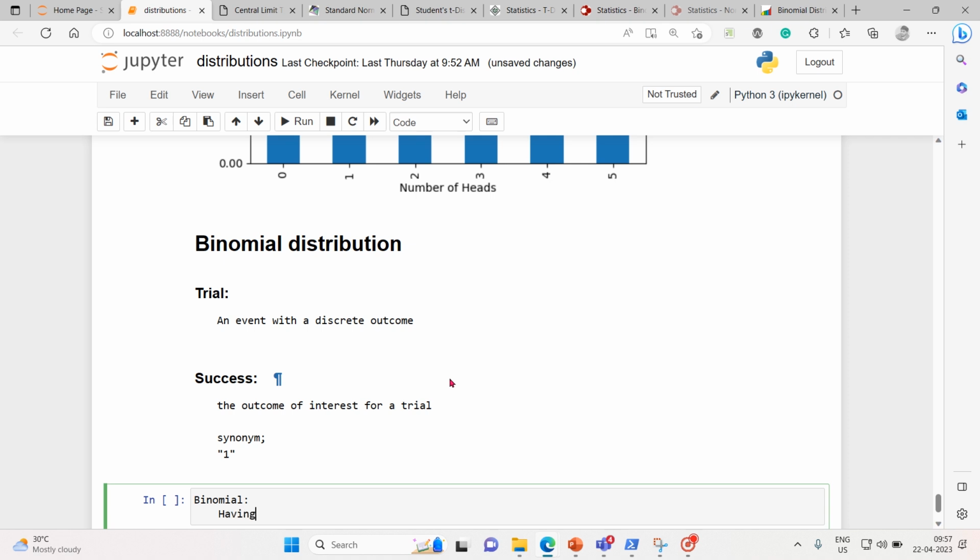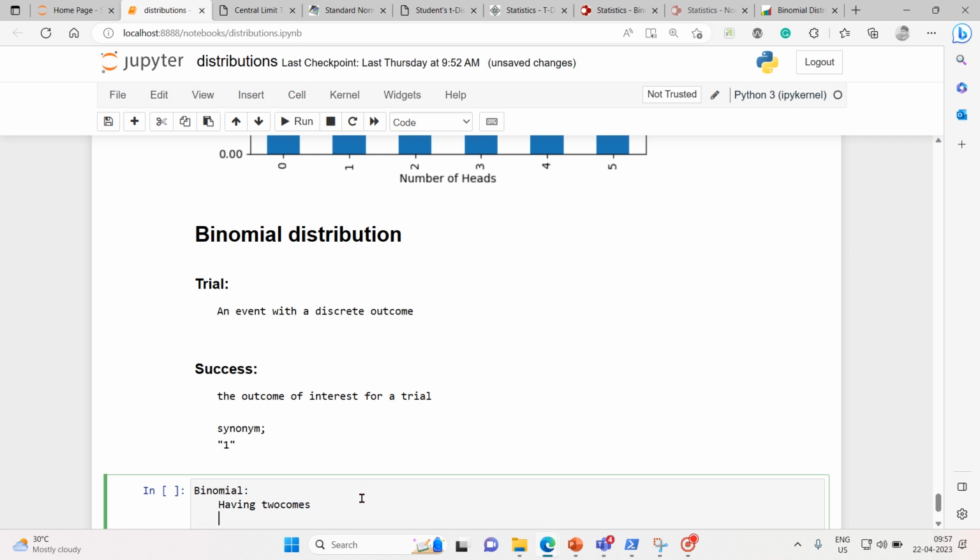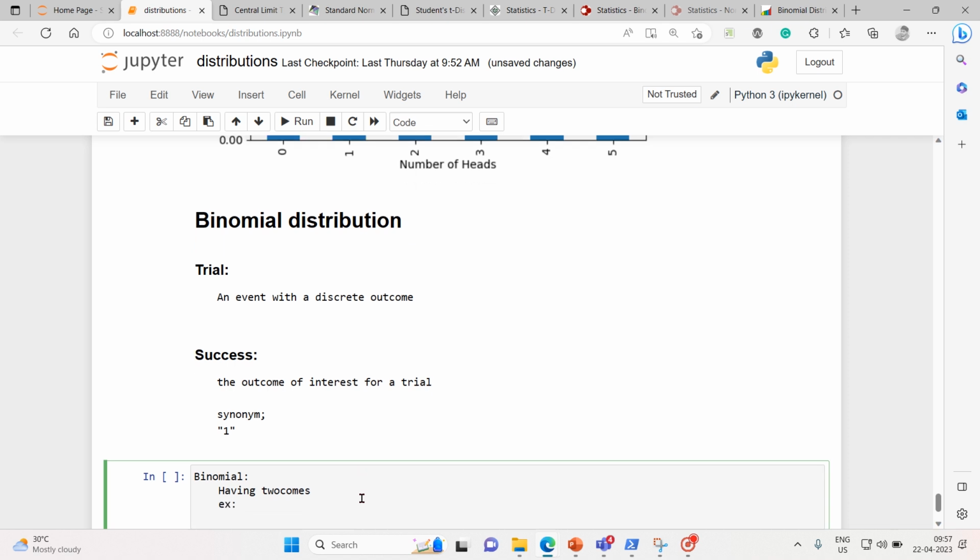Binomial, bi-nomial: having two outcomes is called binomial. Examples are yes or no, 0 or 1, and it can also be called binary.